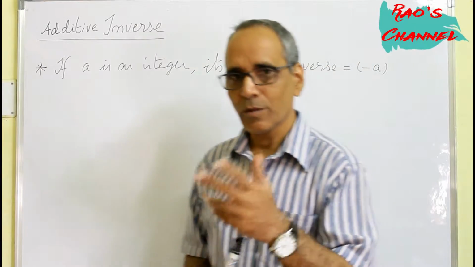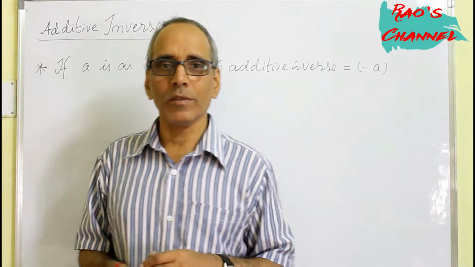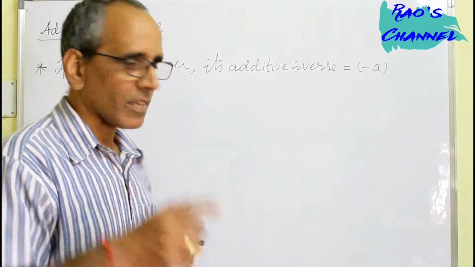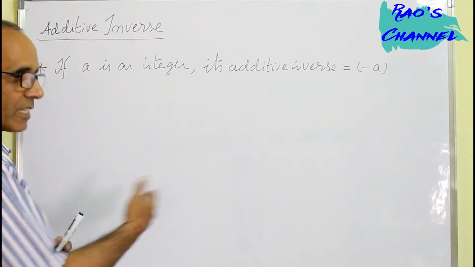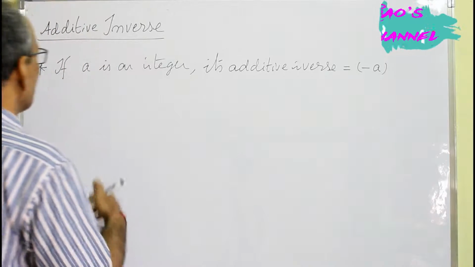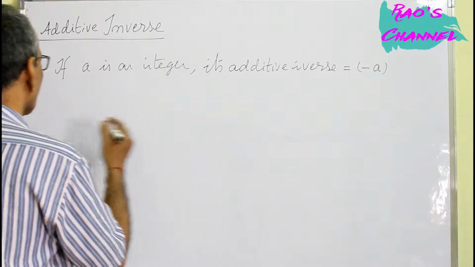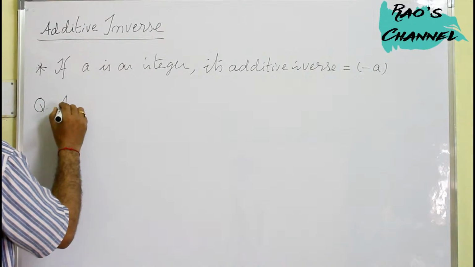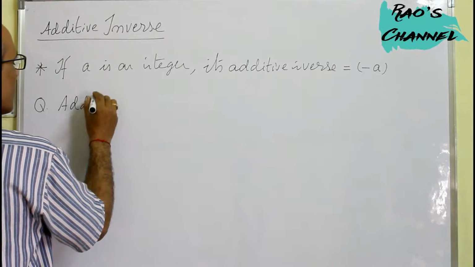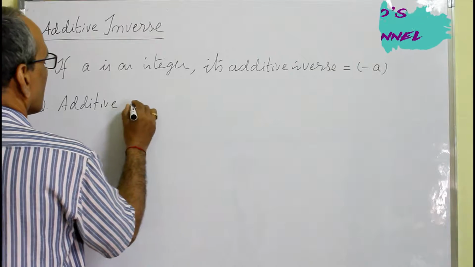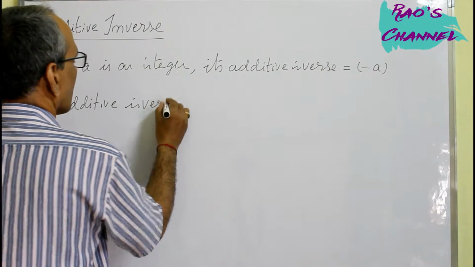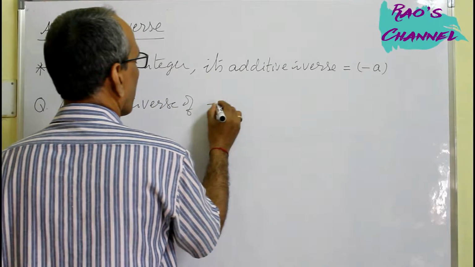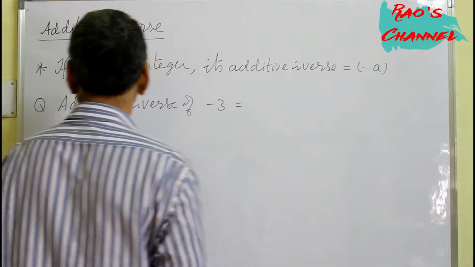Now one question. Of course it's not my question, this question appears in the examination. After a few minutes, let me write some questions based on this. Question: additive inverse of minus 3 is equal to.